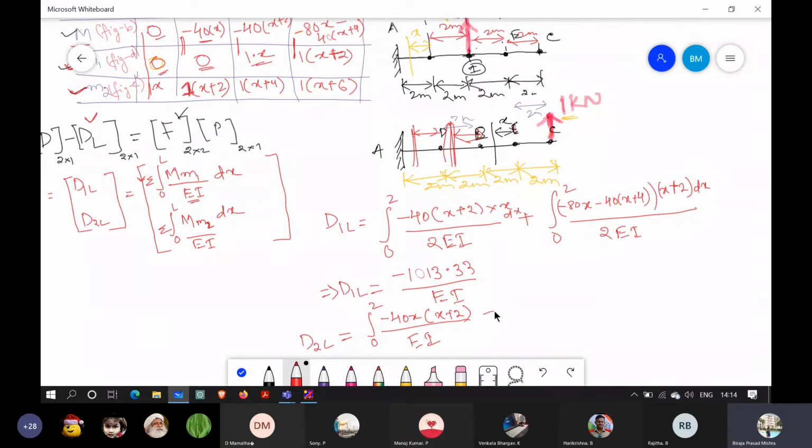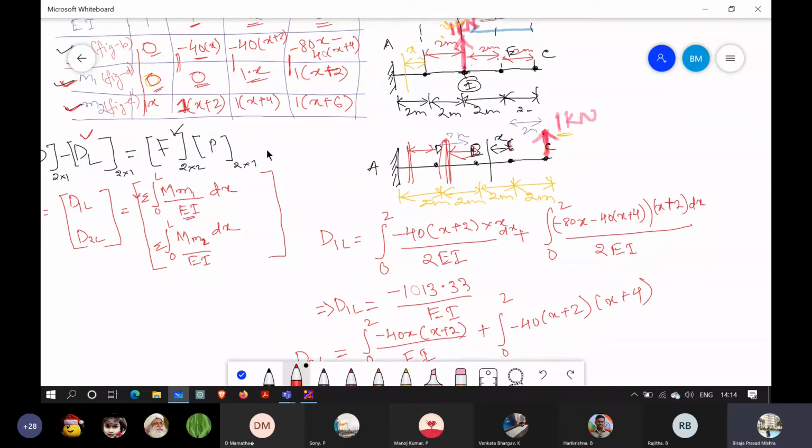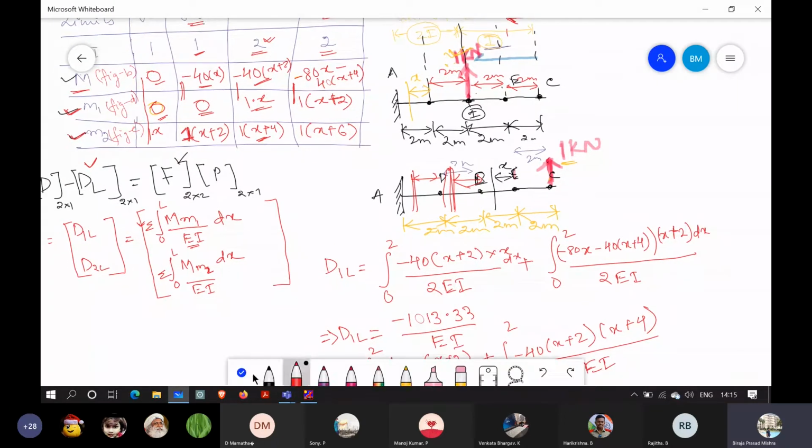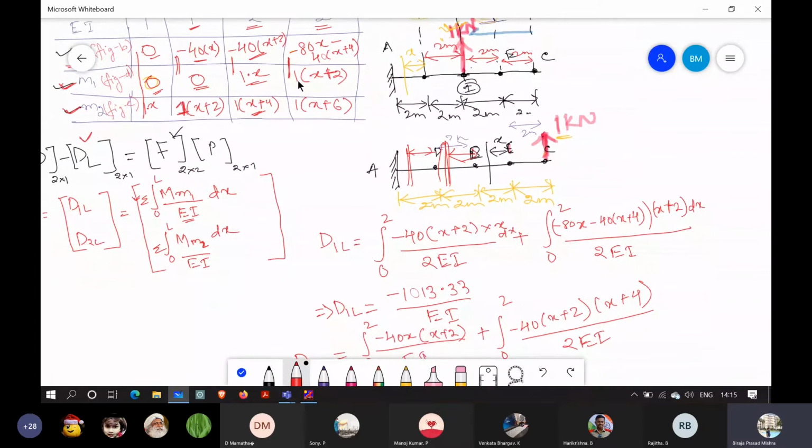Then plus integration 0 to 2, minus 40 into x plus 2 into x plus 4, divided by 2EI. You can see, it is 2EI.